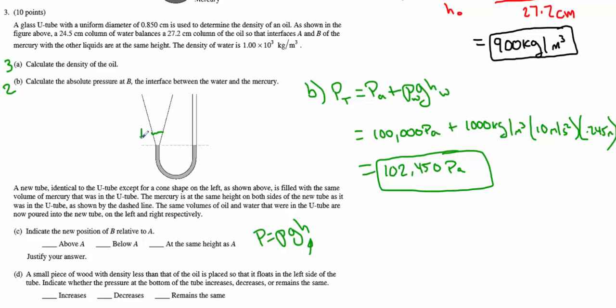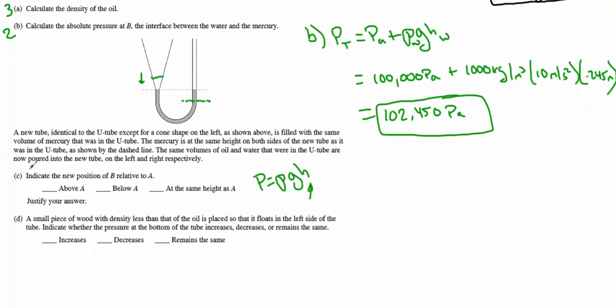As a result, it's not pushing down with as much pressure. And continuing that thought, if it's not pushing down with as much pressure, that means the mercury will not be pushing up on the water with as much pressure. As a result, that bottom dashed line for the water will actually go below A. So now the mercury itself would probably be like this instead. So the new position B relative to A is indeed below A.